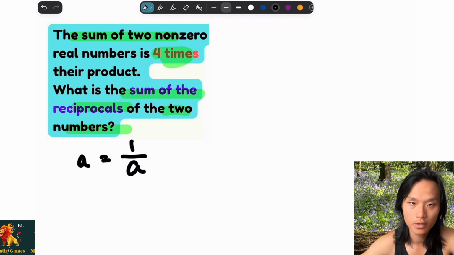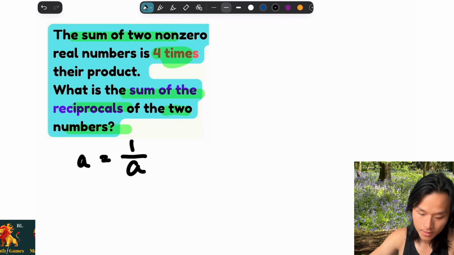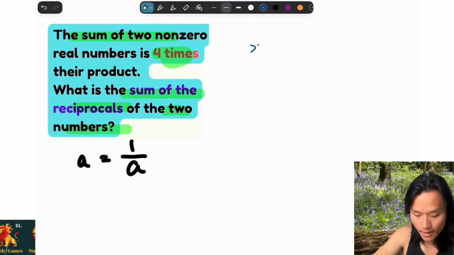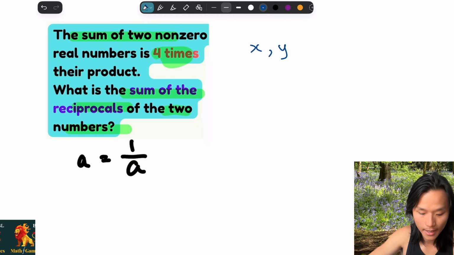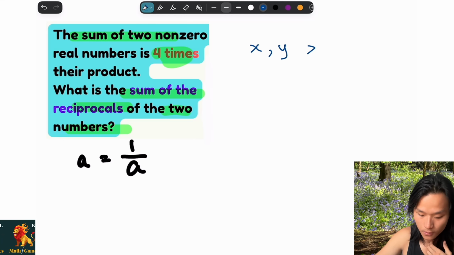We have two non-zero real numbers and we don't know what they are. So we can say those two numbers are x and y, and they are non-zero, so they're not equal to 0.